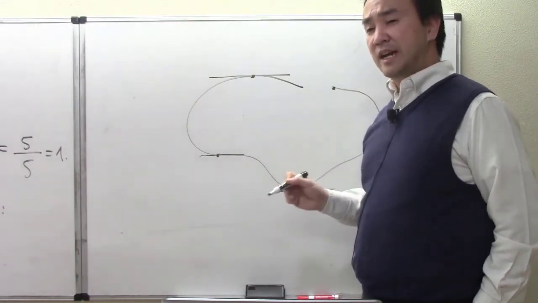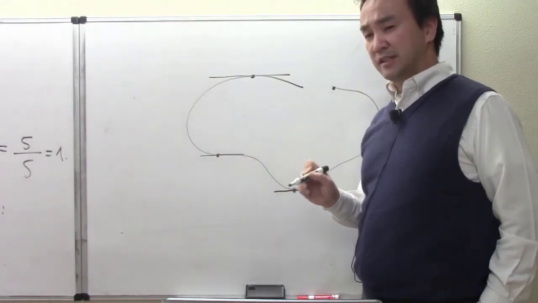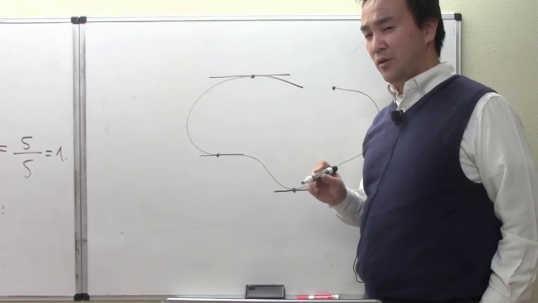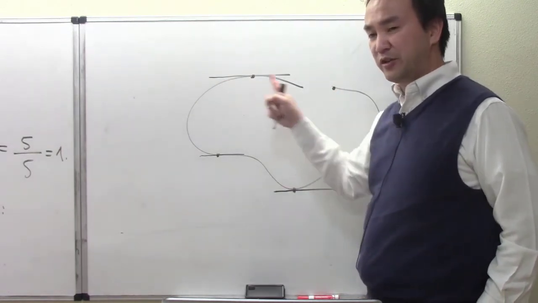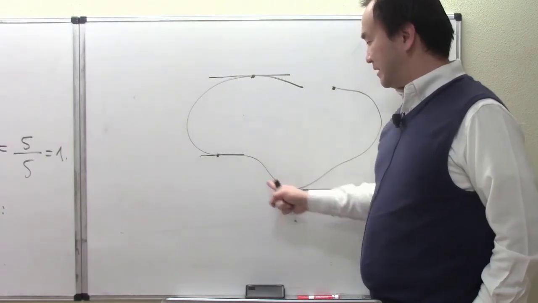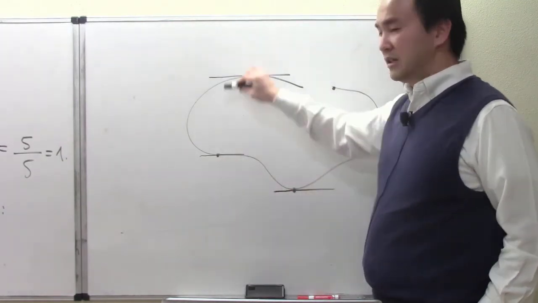So the idea now is that we want to find out at which instance. There could be more than one instance. But at which instances on this parametric curve will our tangent line become horizontal?